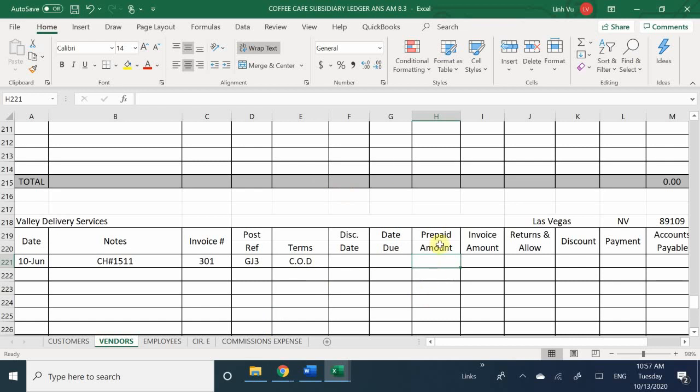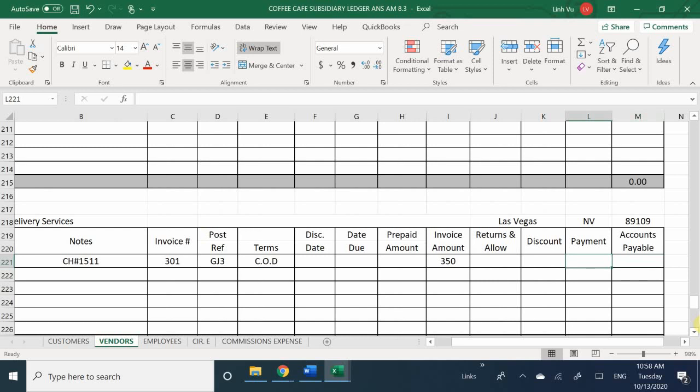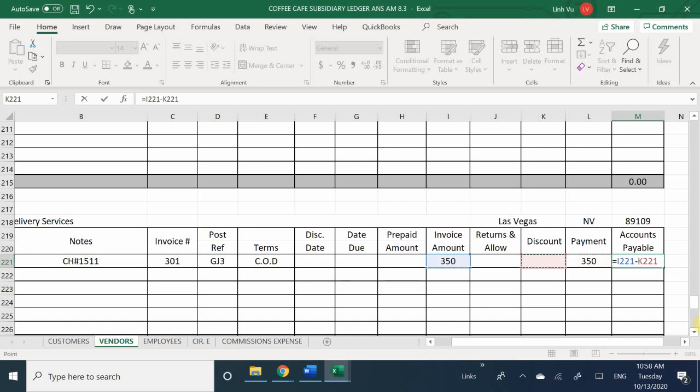Prepaid amount, obviously nothing. Your invoice amount was a total of $350, and you also paid the total amount of $350, bringing you to $0 that you owe for this invoice. Okay.